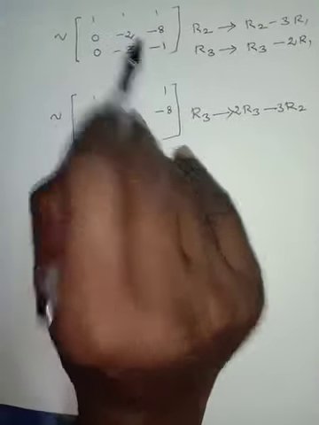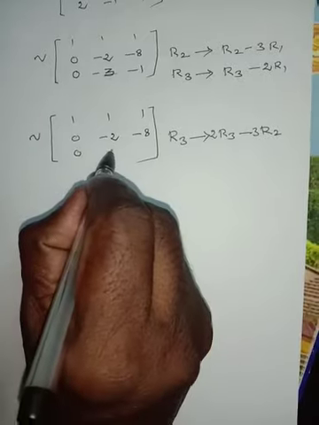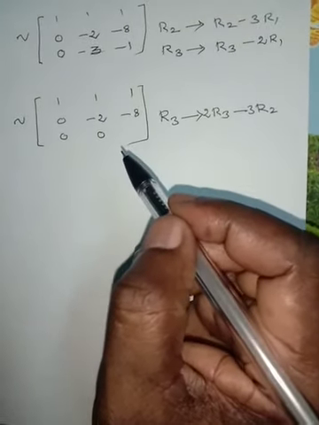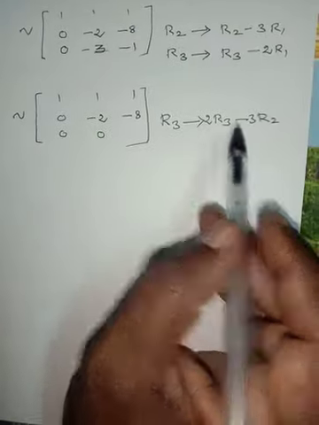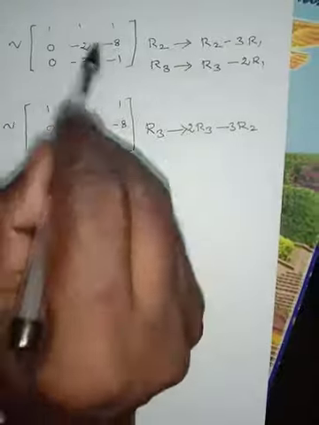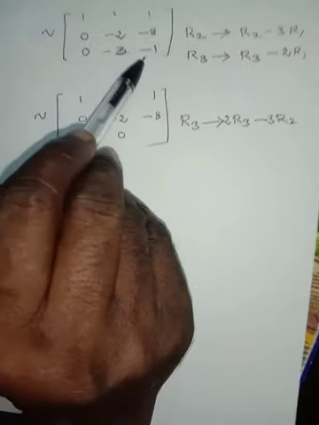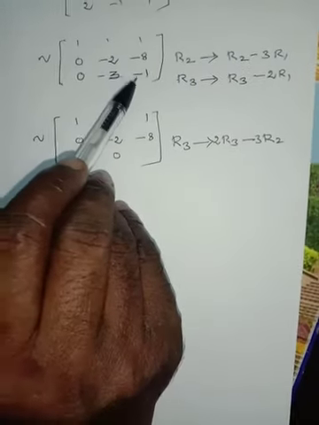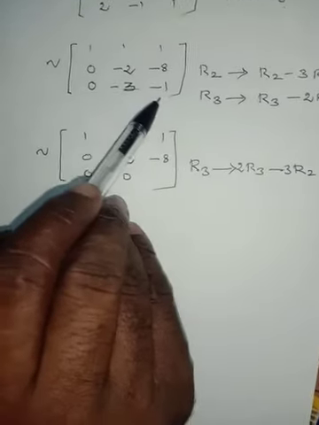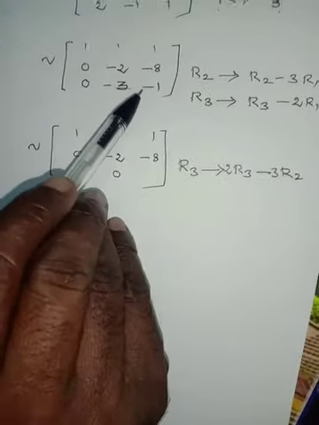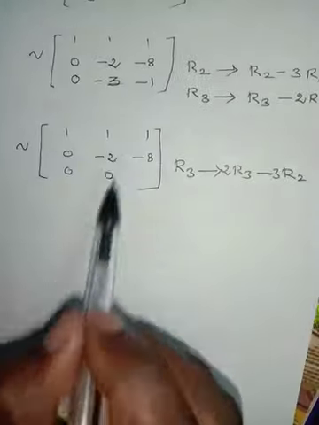Subtracting, minus 6 plus 6 is 0. Therefore 0. Next 0. Next 0. Next, here multiplied by 2, minus 16. Here R3 is multiplied by 2, minus 2, minus 24. Minus of minus plus 24 is 22.